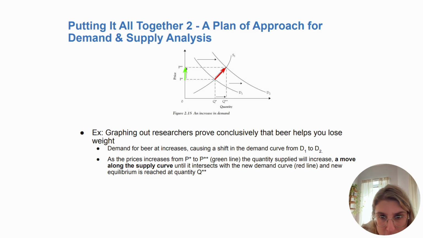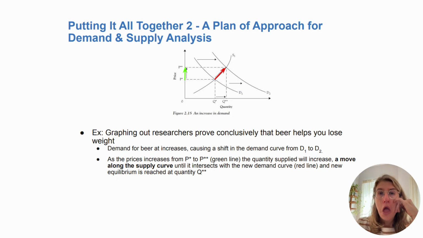And we get P star star because this is where the original supply curve intersects with the new demand curve. At that higher price, we see that quantity supplied also increases, right? We go from this price to this price, and even at that higher price, because there was a demand curve shift, there is a higher quantity supplied.